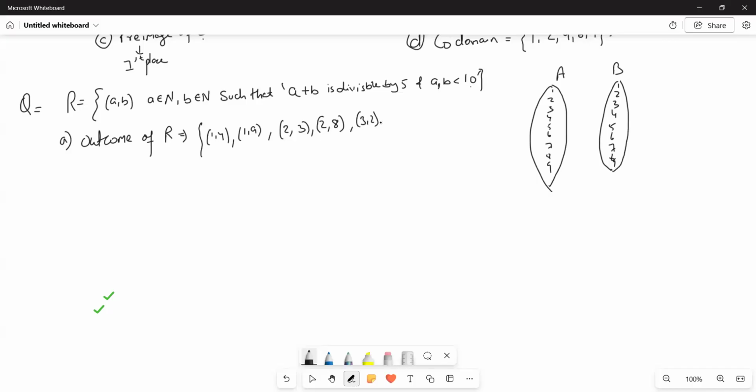Then we'll have a 3 2, 3 7. Then 4 के लिए we'll have 4 1, 4 6. फिर 5 के लिए there'll be 5, 5. 6 के लिए we'll have a 4 and we'll have a 9. 7 के लिए we'll have a 3 and a 8. 8 के लिए we'll have a 2 and a 7.